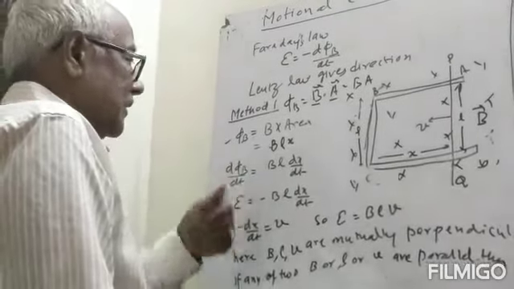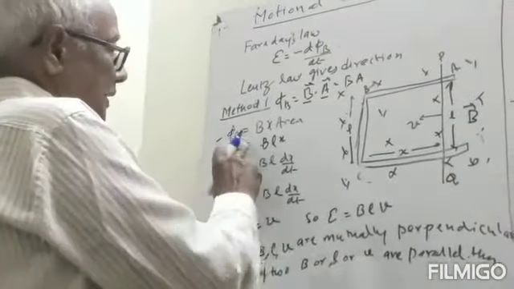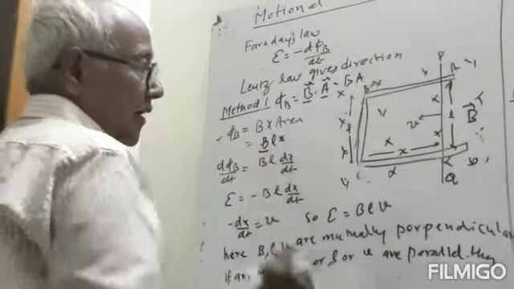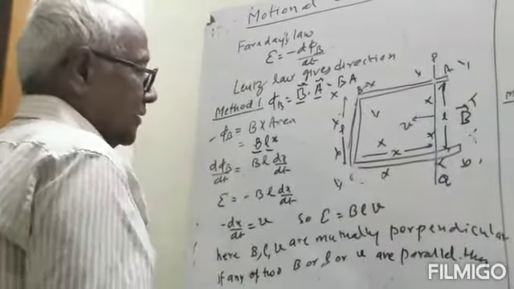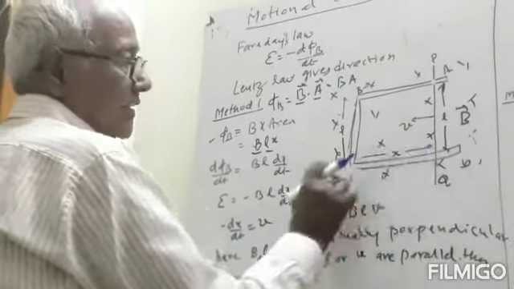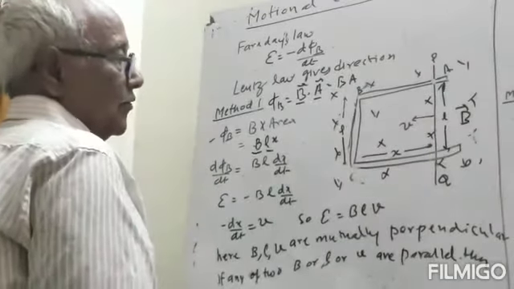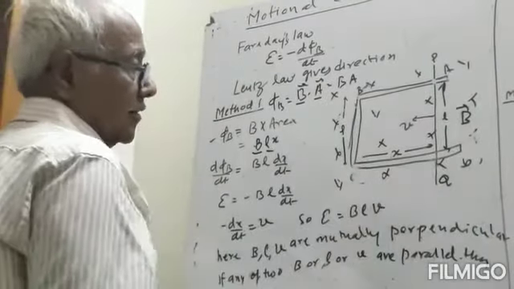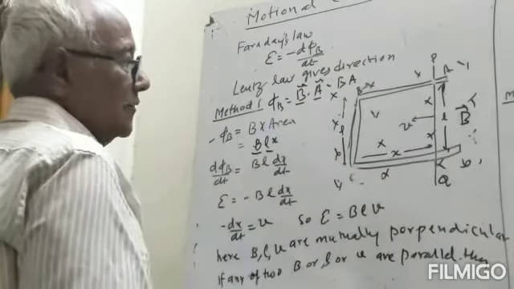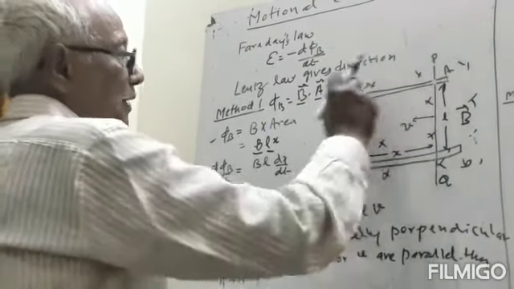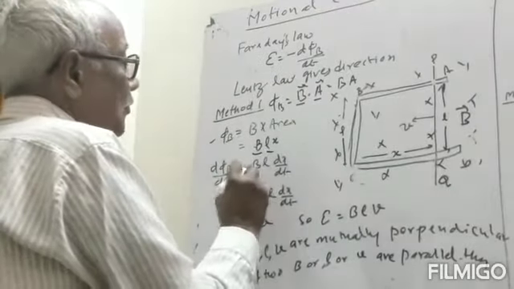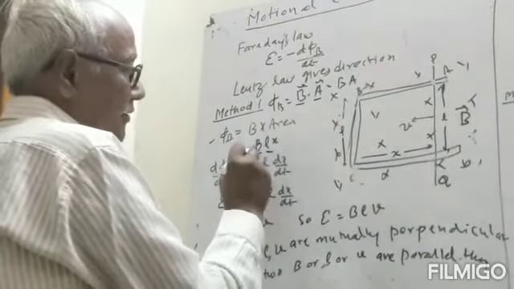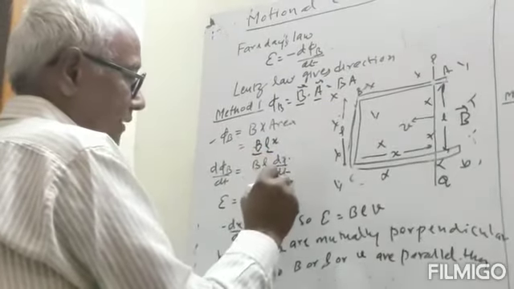Now, we differentiate with respect to time. d phi B by dt is equal to B, which is constant, the magnetic field is constant, and the length of rod PQ is constant, and X is changing when it is moving with the velocity V inwards, towards A to B. So, d phi B by dt is equal to B into L, B is constant, L is constant, dx by dt.